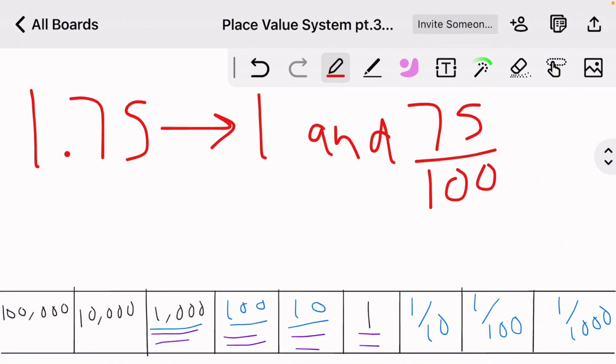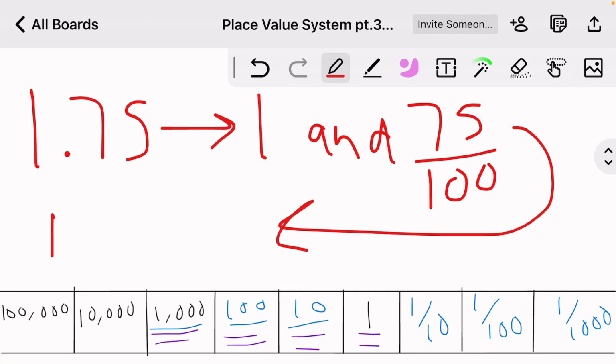That's what that means. And another way to say that is we got 1 plus 75 over 100.